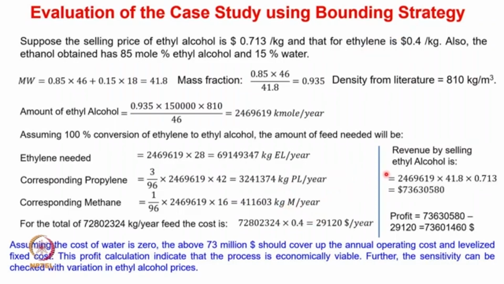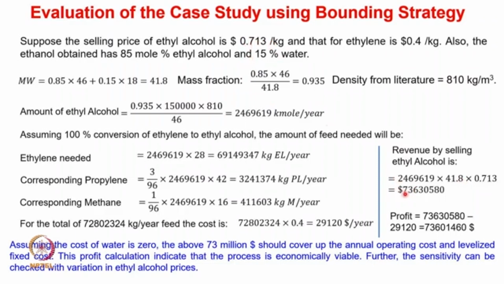And now we are calculating how much revenue we will be getting by selling the ethyl alcohol. So this is the 2 crore 46 lakh 9,619 kilomole per year of ethyl alcohol. We can multiply by 41.8, so that gives us the kg of ethyl alcohol multiplied by the cost, which is 0.713.